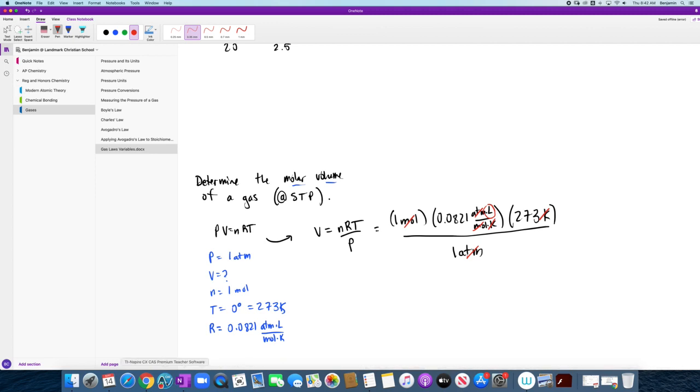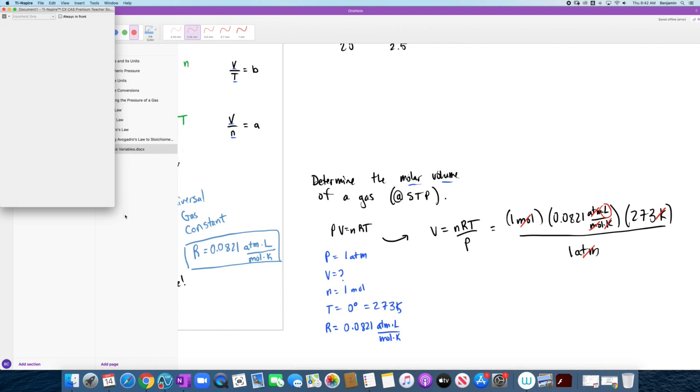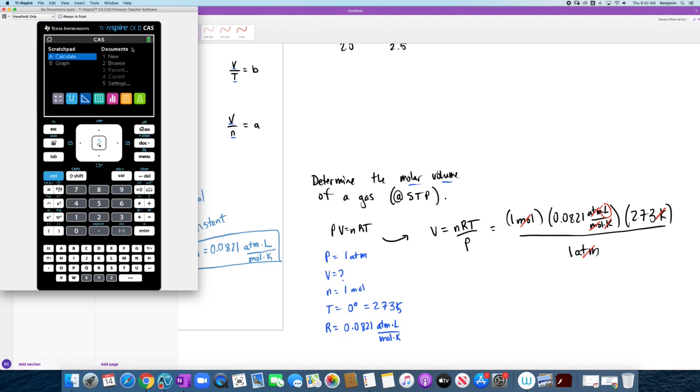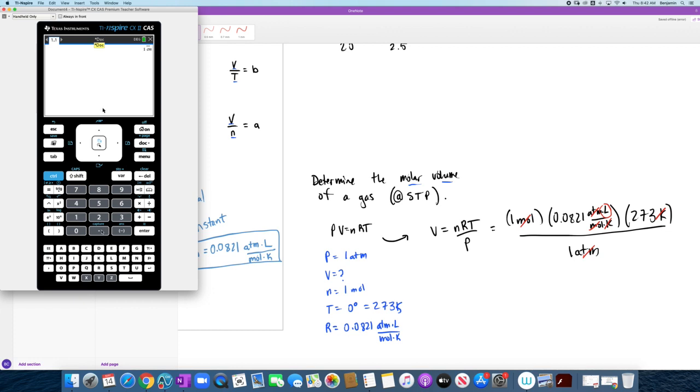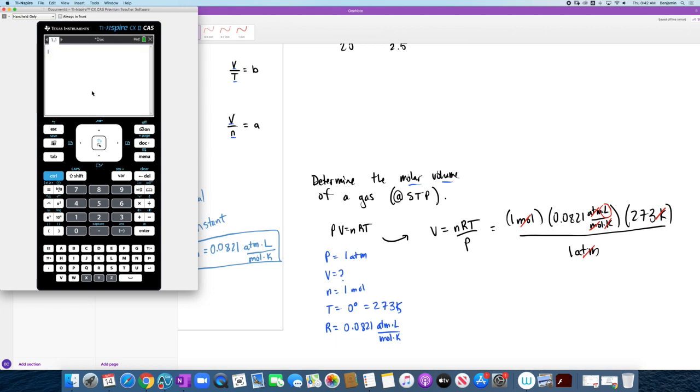And so, grab the calculator. Not much to type in, because we have some ones in that fraction right there. So 1 times 0.0821 atmospheres liters divided by moles Kelvin, times 273.